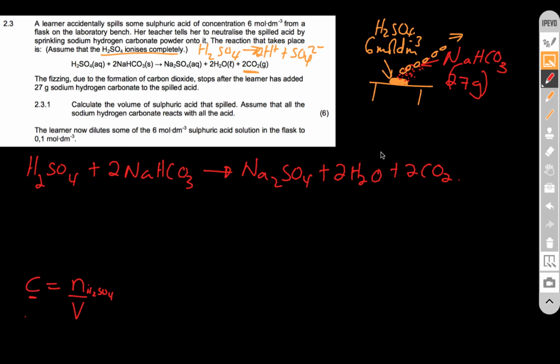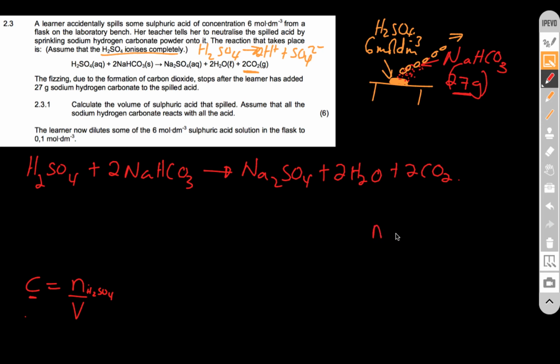This is where this 27 grams is going to help us. We are going to translate the 27 grams into the number of moles of sulfuric acid that reacted with it. We're going to first convert the 27 grams into number of moles so that we can use the molar ratios, and then find the number of moles of sulfuric acid that reacted with 27 grams.